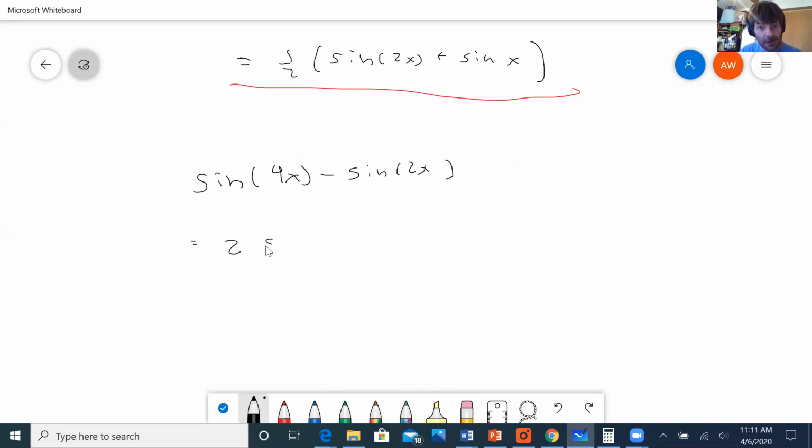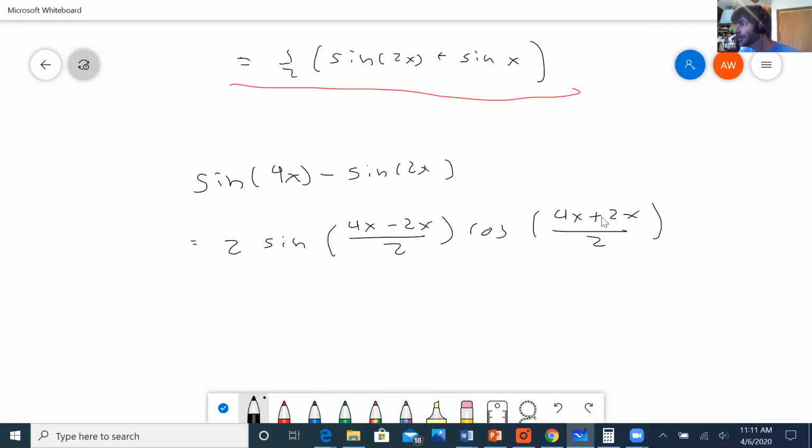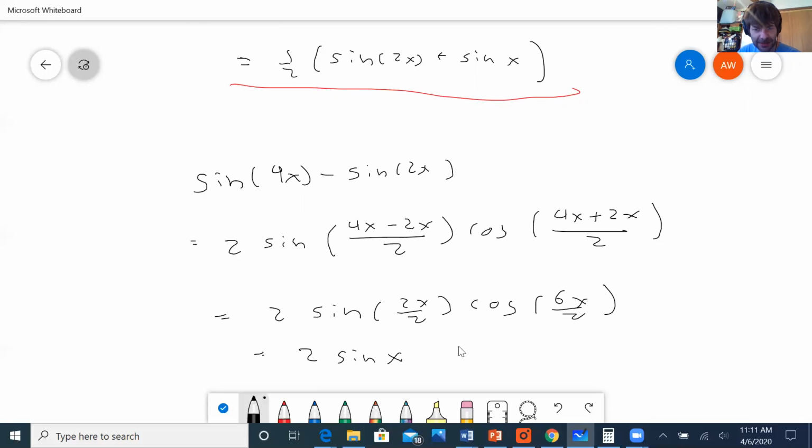I have 2 sine of (4x minus 2x) over 2, cosine of (4x plus 2x) over 2, which is 2 sine x cos 3x, and we are done. Yes, you have these identities, we just plug them in.